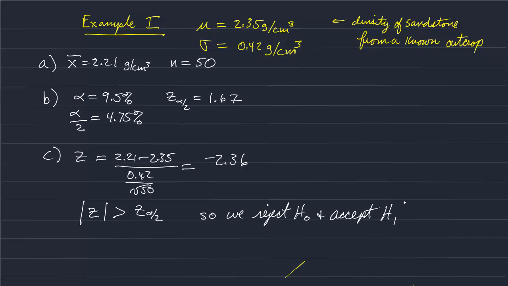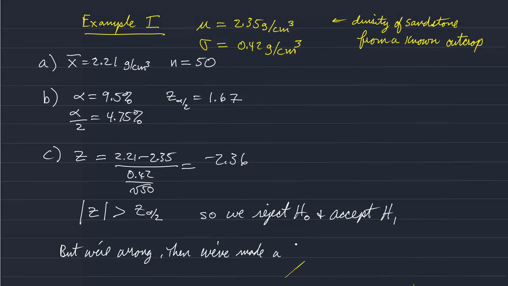Now, but if we're wrong in rejecting H0, then we've made what's called a type 1 error.